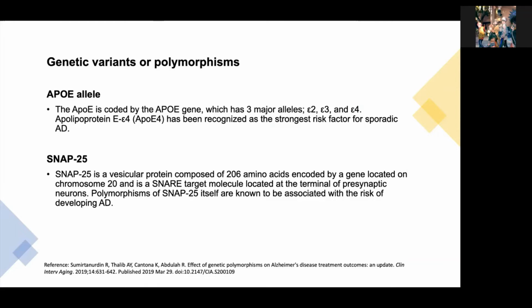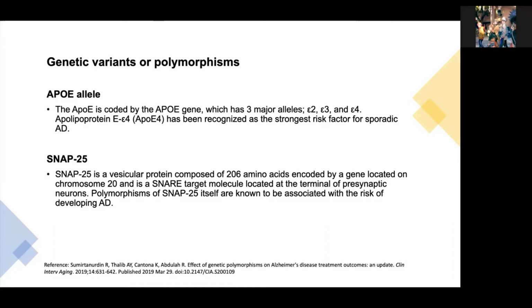That's why I included it here for genetic variants and polymorphism. Then, as we are all familiar, the APOE allele, and earlier Liu Yuan introduced that 4-4 is the strongest risk factor for sporadic AD.